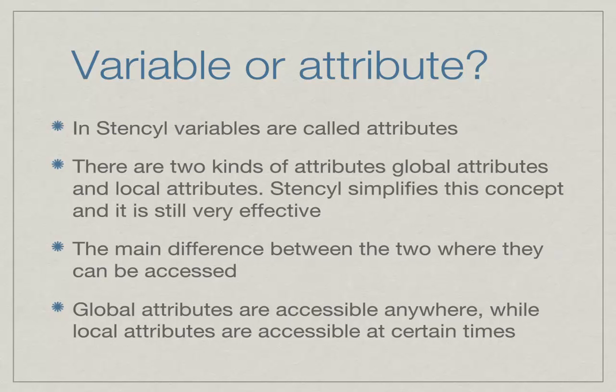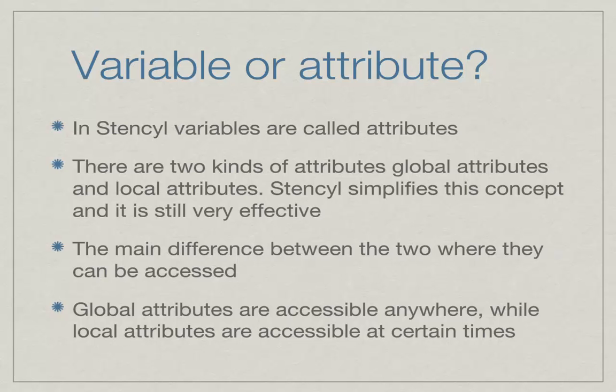Let's talk about variables or attributes again. In Stencyl, variables are called attributes. There are two kinds of attributes, global attributes and local attributes. Stencyl simplifies this concept and makes it very effective. When you're programming a game or an app, you can have several different kinds of variables, and where you access these variables can get really complicated.